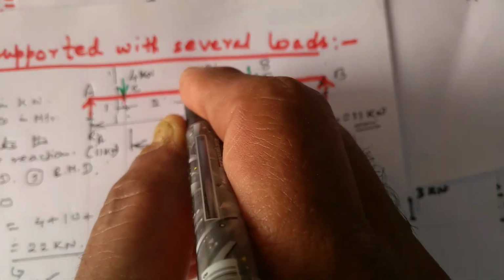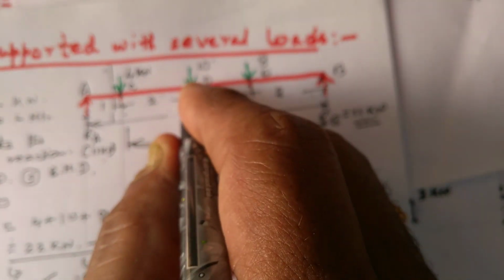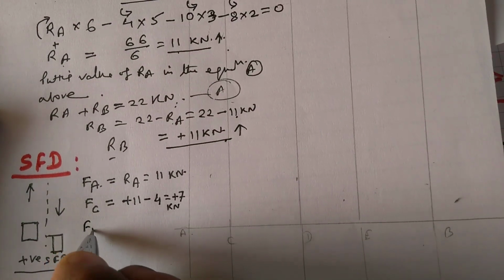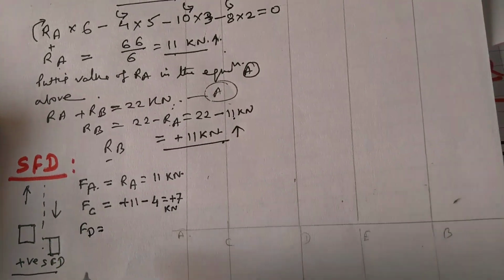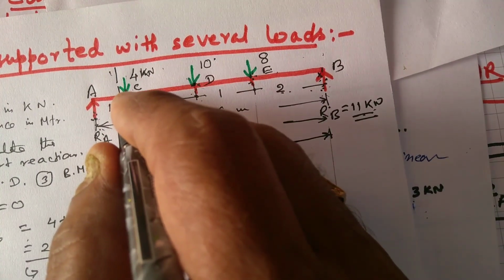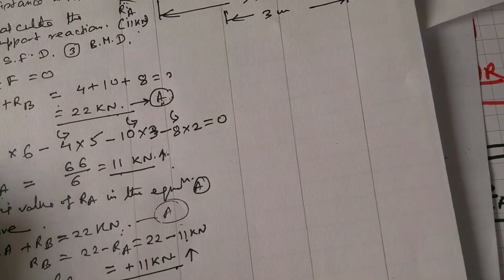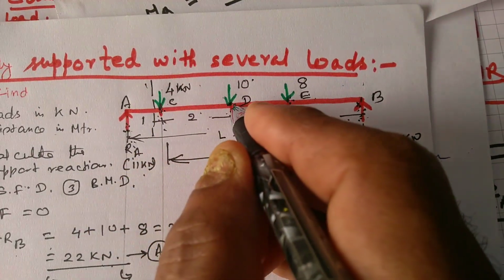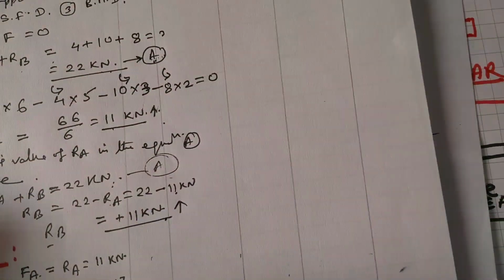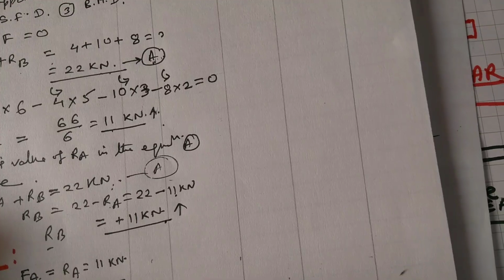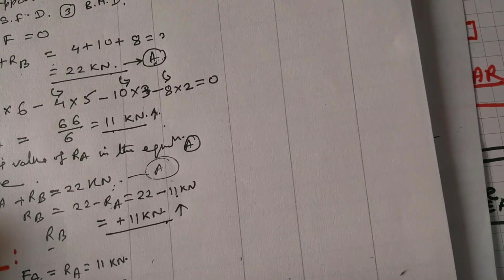And at point D, FD equal to plus 11, then minus 4 and minus 10.